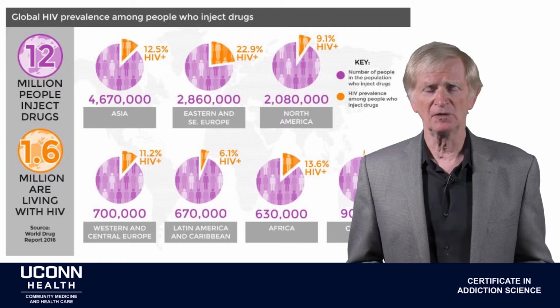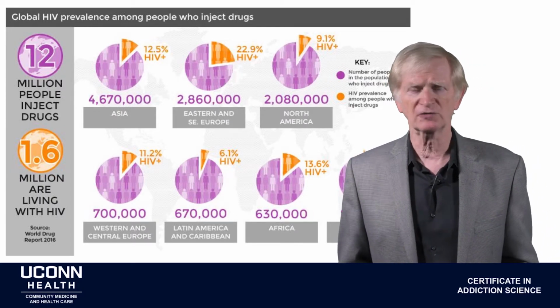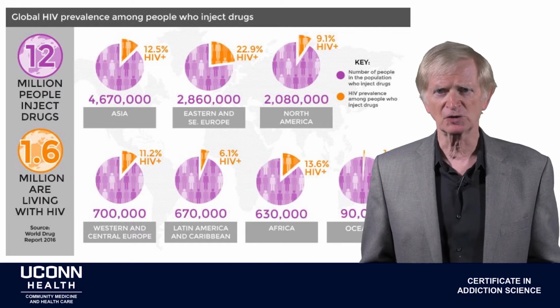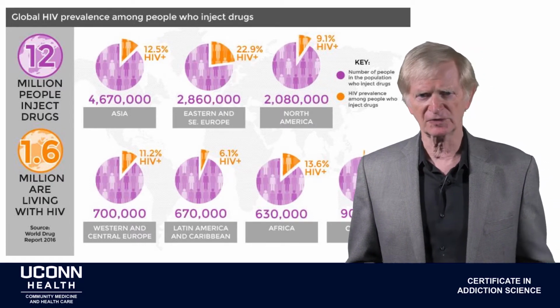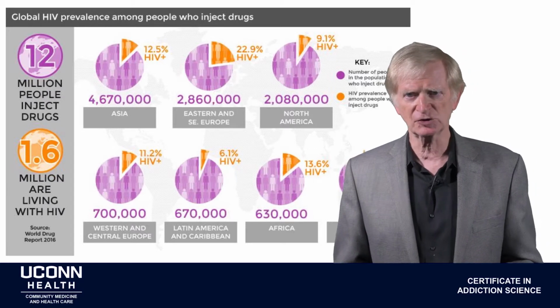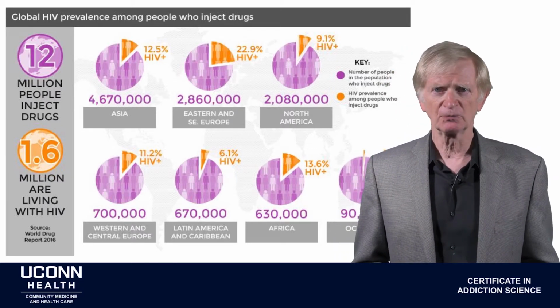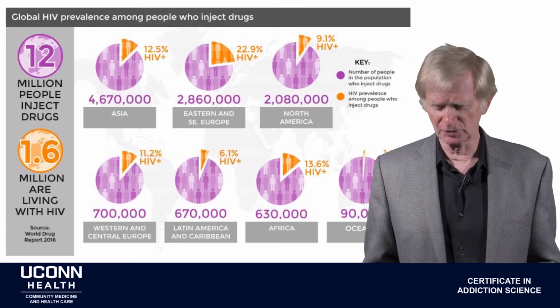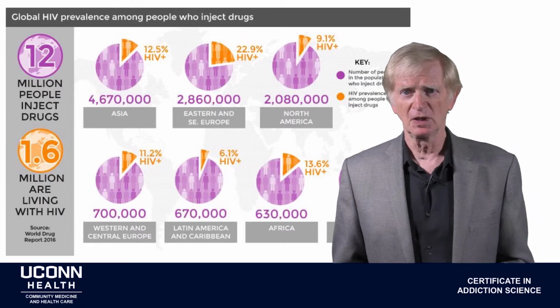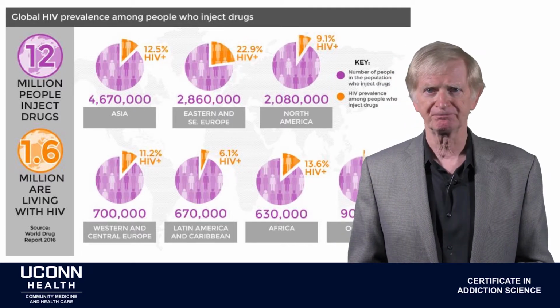The highest infection rates are in Eastern Europe, where it's almost 23%. In countries like the United States, where there have been substantial prevention measures initiated, the prevalence rates of HIV infection among injection drug users is closer to 9%.